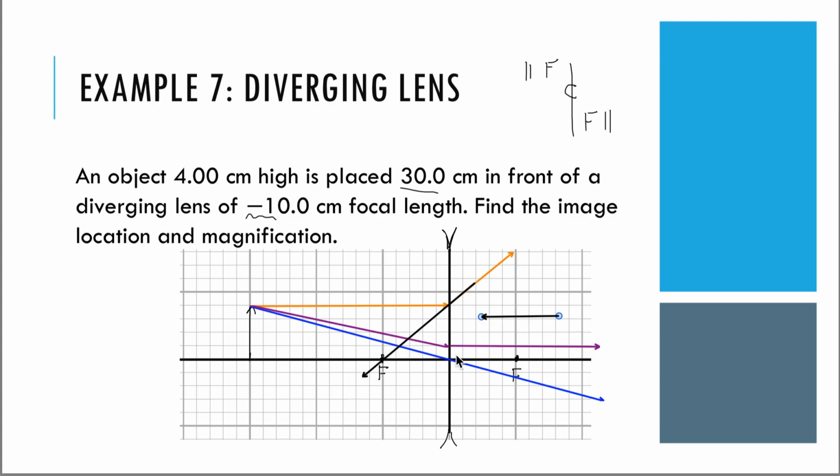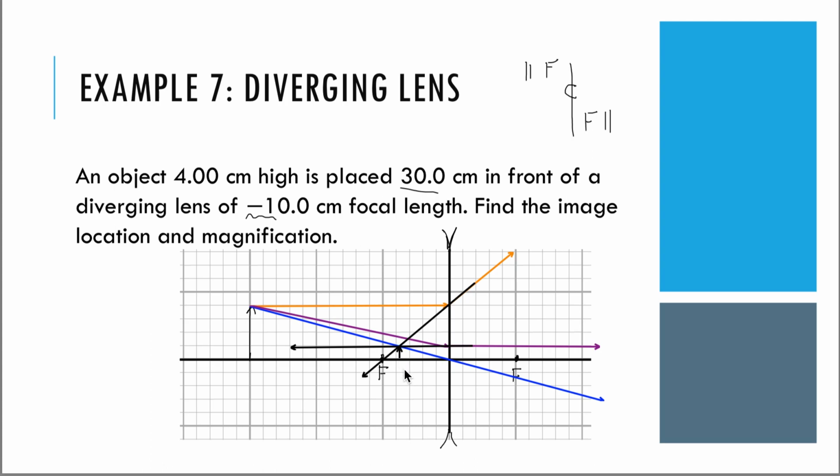The blue ray is already traced back. We don't have to worry about it too much. So you can see we trace back the purple one, and we can see that all 3 rays intersect right there. So we're going to put our image right there. It kind of looks like it's on this grid line, but it's a little bit to the right of it. Right there is our image.